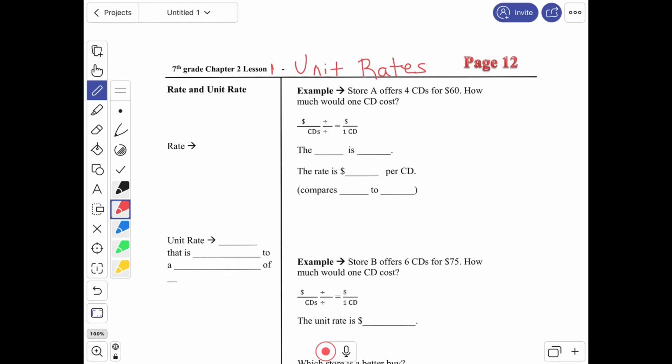Example says, Store A offers 4 CDs for $60. How much would one CD cost? A rate compares two types of units.